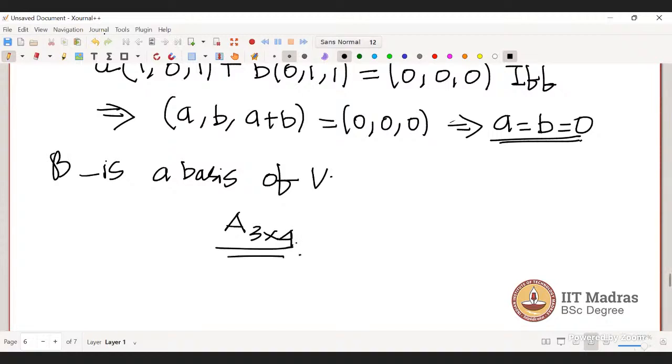Yes, sir. So we studied that the rank of row vectors of A is equal to the rank of column vectors of A. Is it the same as the rank of A transpose? There is nothing called rank of row vector, rank of column vector. Rank means dimension.